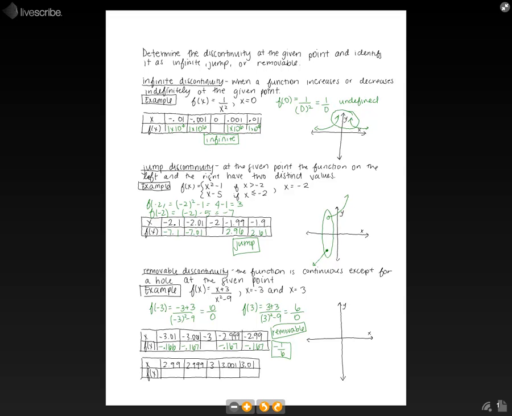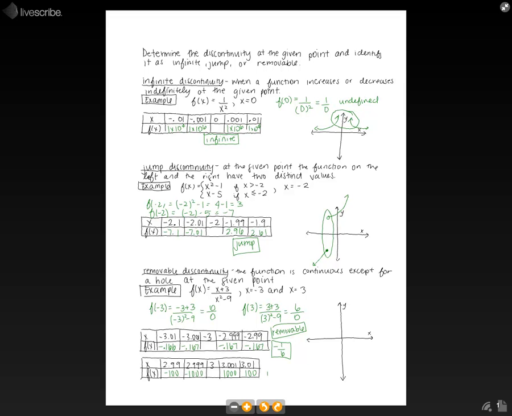So let's also do a table for 3. 2.99 is negative 100. 2.999 is negative 1,000. 3 is undefined. 3.001 is 1,000, and 3.01 is 100. So we can see that we're going in two different directions from the left and the right as we approach 3.